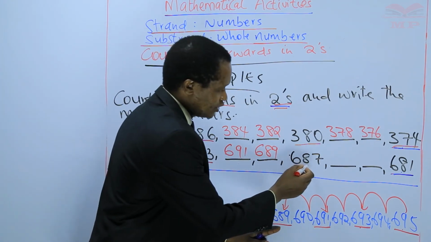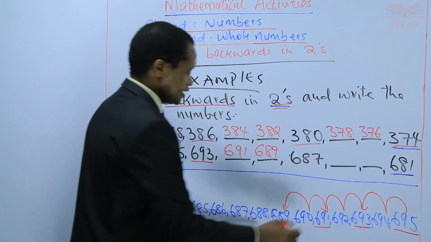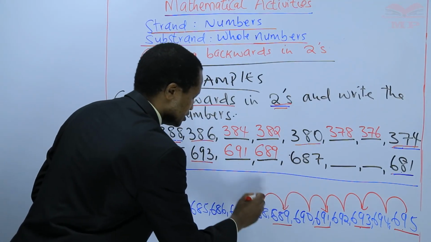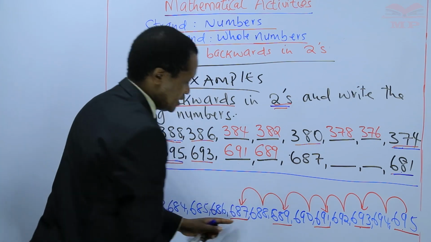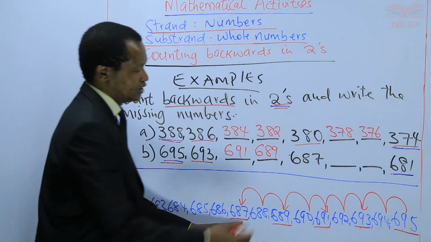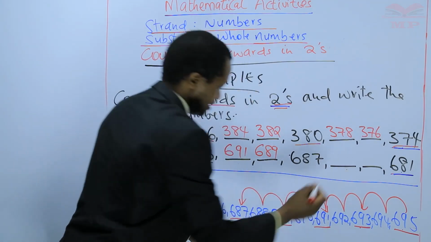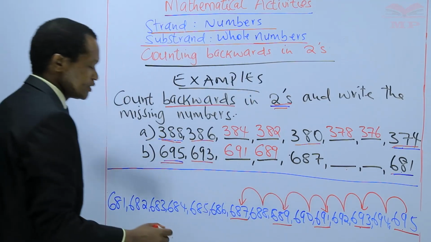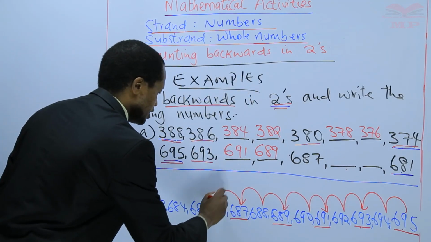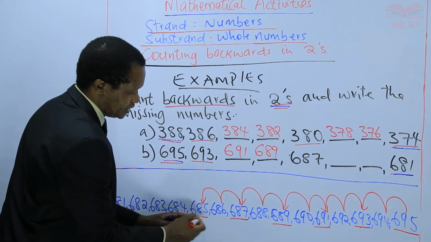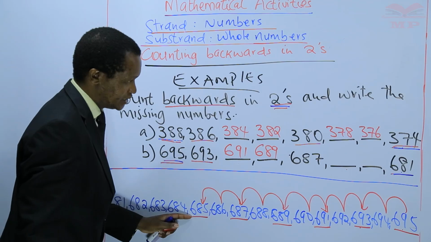Moving back 2 times, we come to 687. This one is not missing. So we look for the next missing number, move 2 steps back, and the number is 685.